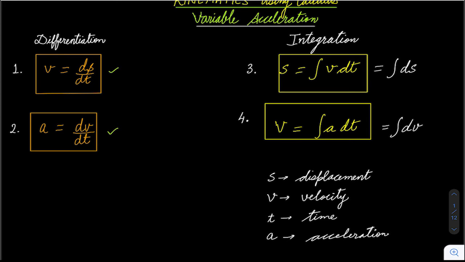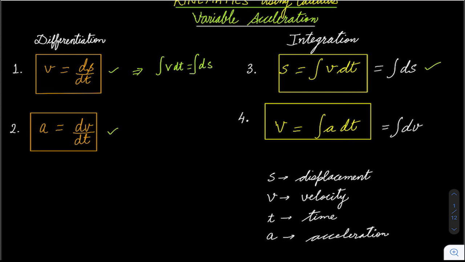Now let's come to the integration part. I can use these differentiation formulas, so for example, v equals ds by dt. So I can write v dt is nothing but ds, and then I integrate both sides. Then I get displacement equal to the integral of v dt, where v is velocity and t is time.